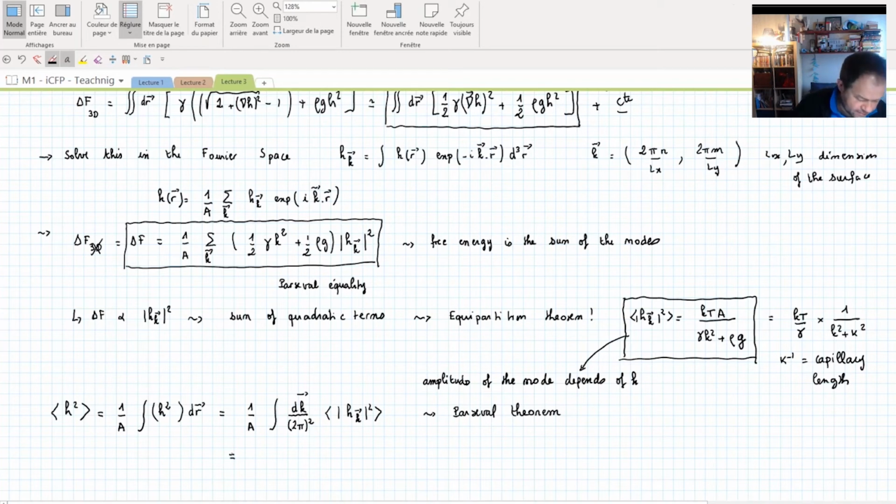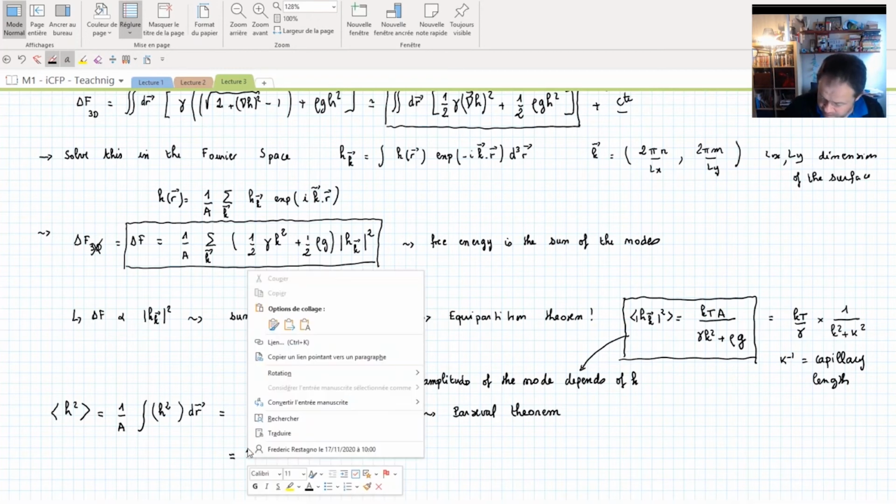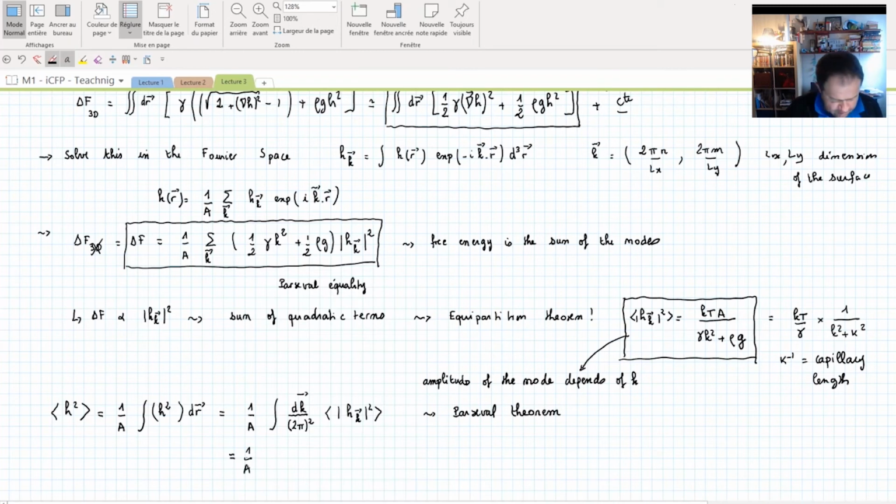And if I make all the calculation, it's 1 over A, I take my sum of kT A over gamma k squared plus rho g, times 1 over gamma k squared plus kappa square, and this becomes 2 pi k dk, since we are in 2D.